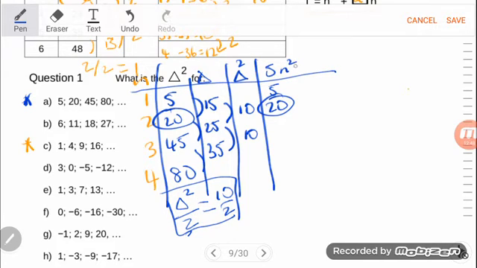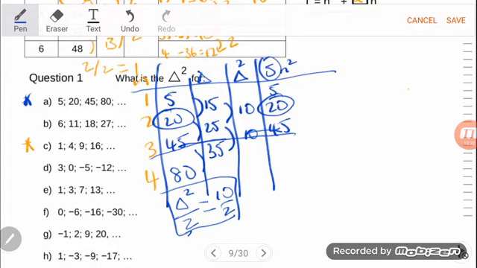When n is 3, 3 times 3 is 9, 9 times 5 is 45. Is that our third term? Yes, our third term is here. Okay, so those two match. Our pattern is continuing. Just for the sake of argument, let's try it when n is equal to 4.